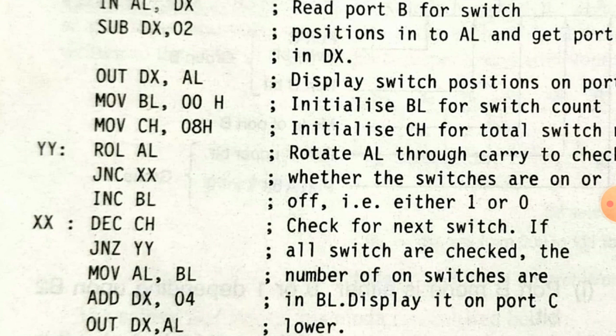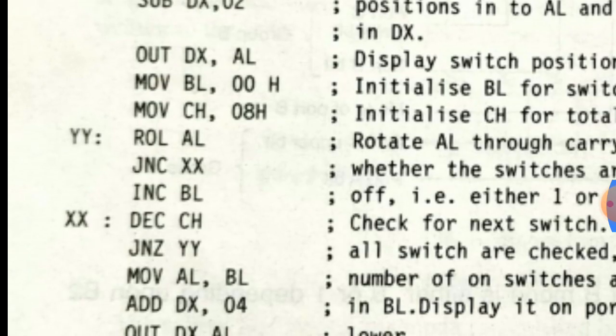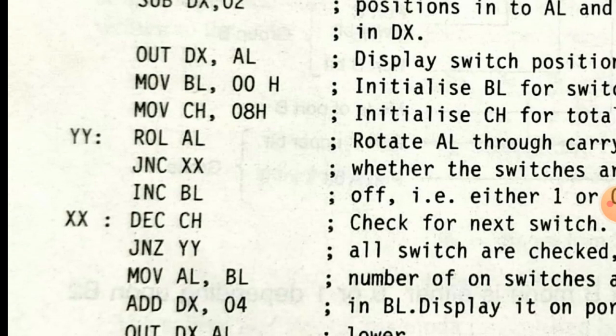And see the next one, ROL AL. Rotate AL through carry. With this rotate left through carry, we can check the carry bit every time. Whenever the carry bit is equal to 1, it indicates that one of the switches is in the on state.